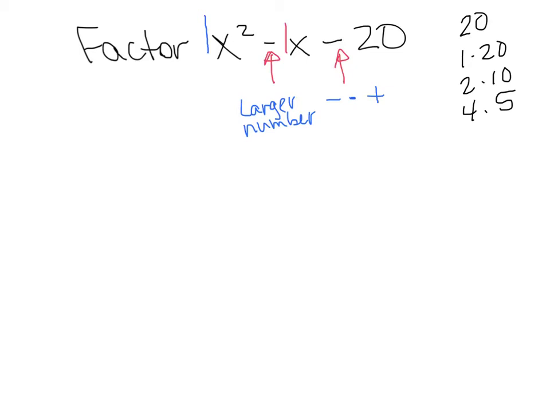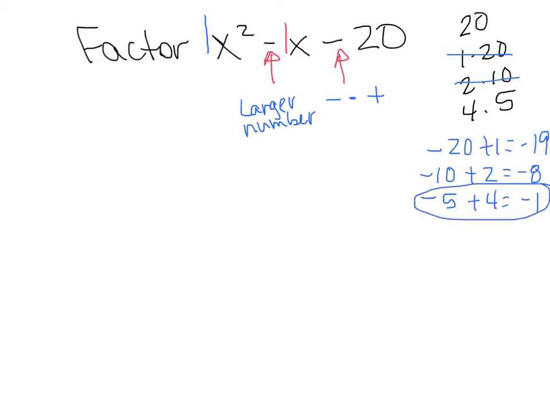So let's start with negative 20 plus 1, and that's negative 19. That doesn't work. Negative 10 plus 2, that gives us negative 8. Negative 5 plus 4. Look what we got. That gives us a negative 1.